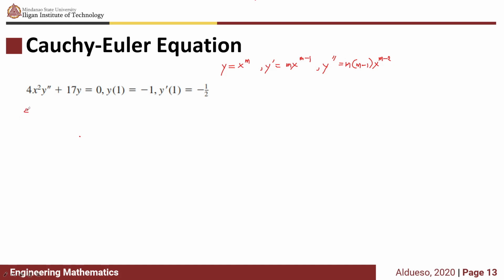We have 4x squared times m times m minus 1 x to the m minus 2, plus 17 x to the m equal to 0.